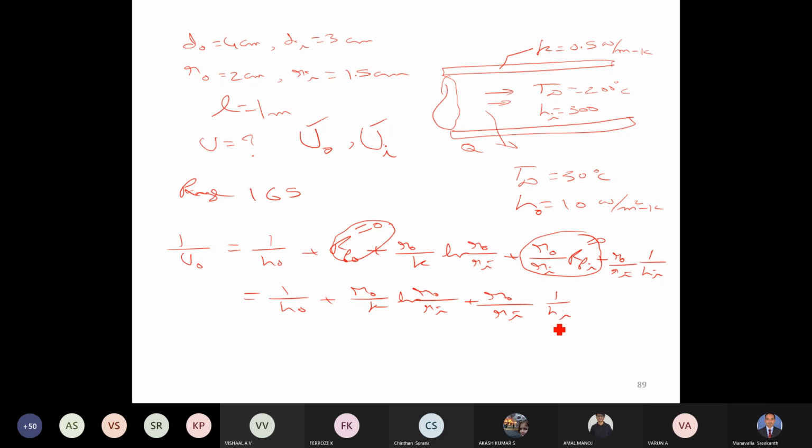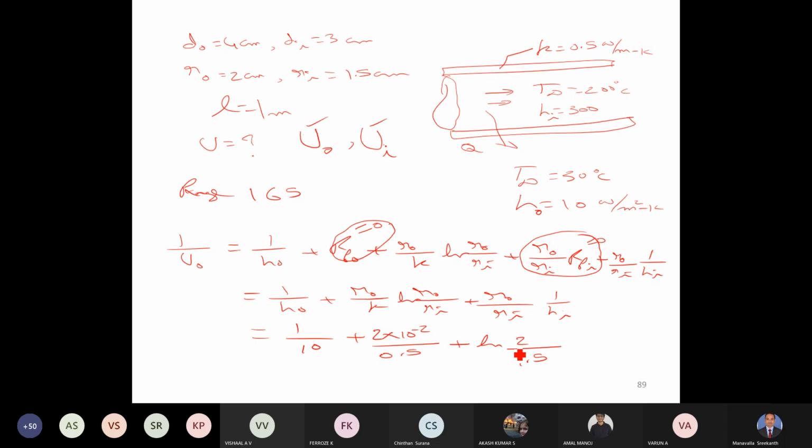Now we'll start substituting the values. 1 by outside heat transfer coefficient is 1 by 10, plus R outer is 2 centimeters. Convert that to meters: 2 multiplied by 10 power minus 2, divided by K, which is 0.5, multiplied by logarithm of RO by RI. RO is 2 and RI is 1.5.